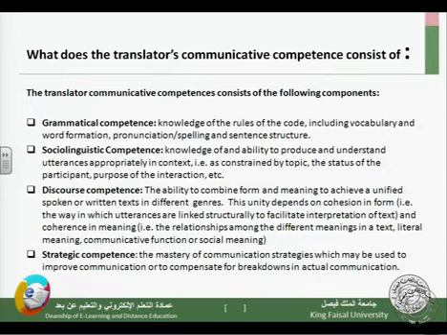This is very individualistic, so everybody has his own ways of tackling communication, especially when there is a breakdown, whether in reading or writing. So these are the translator's communicative competencies you need to be aware of when you are doing any type of translation.